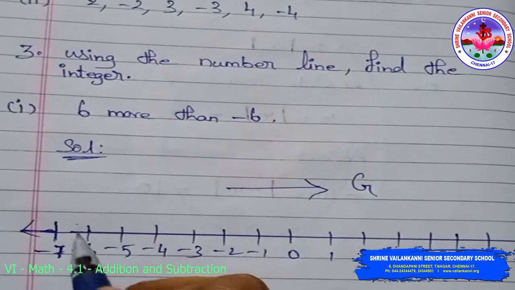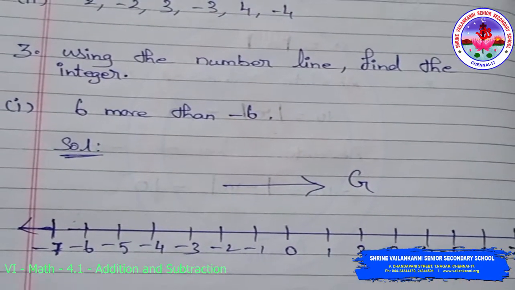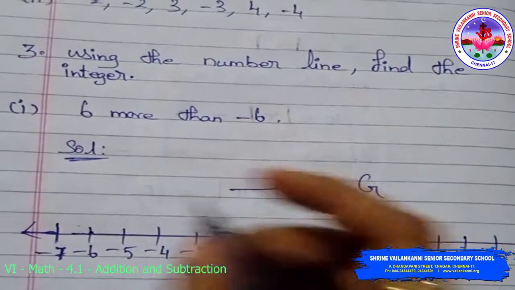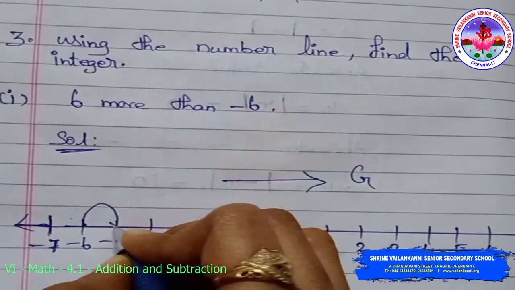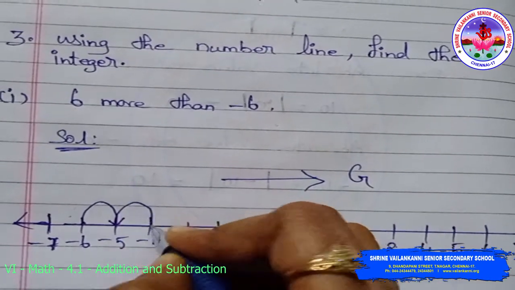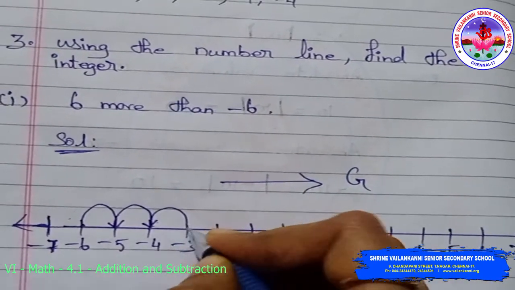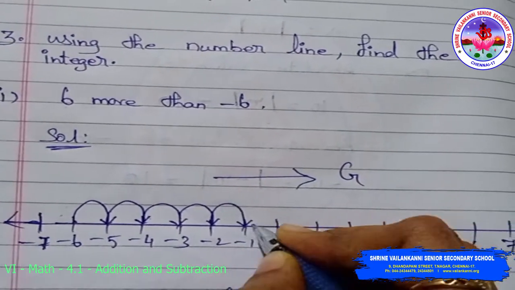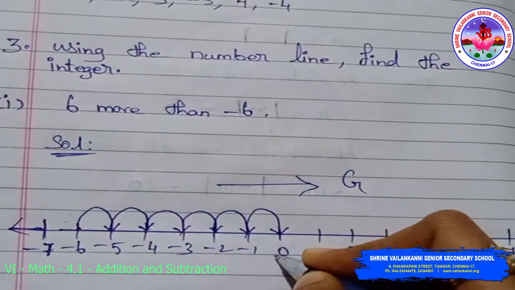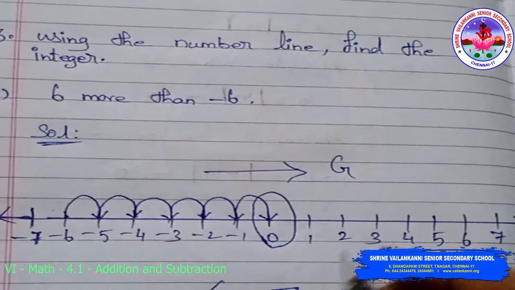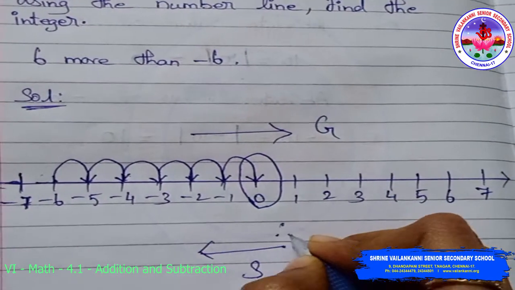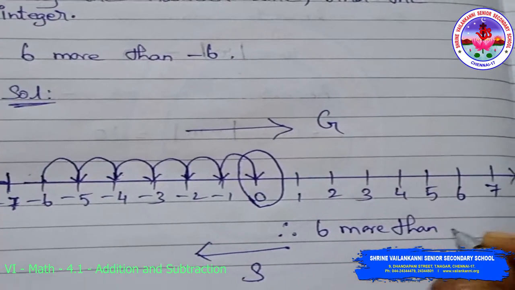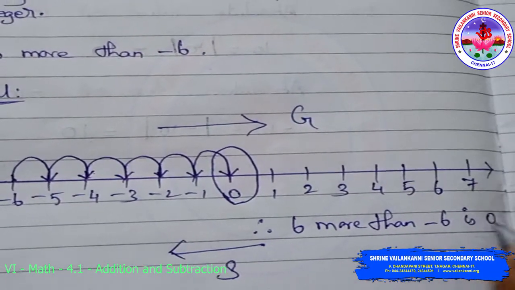So move to the right-hand side 6 values: 1, 2, 3, 4, 5 and 6. The value is 0. Therefore, 6 more than negative 6 is 0.